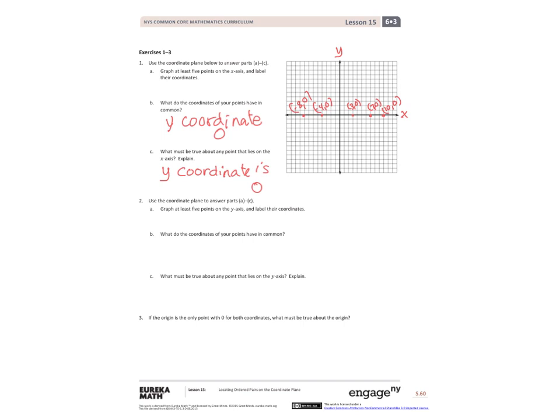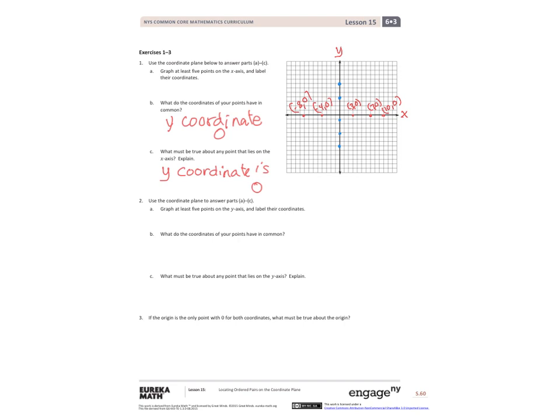So then it says, use the coordinate plane to answer. Okay, graph at least 5 points on the y-axis. So I'm going to change this to be a different one. So I'm going to go 1, 2, 3, 4, 5, right? Oh, I have to label them now.